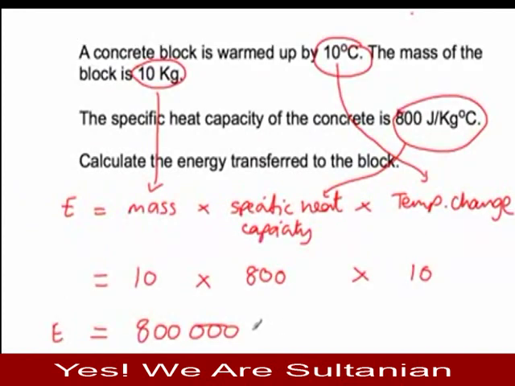So we have 800,000 joules of energy transferred to this concrete block. You could, if you wanted to go one step further, say 800 kilojoules, or just 800 kJ. Okay, now let's try one more question.